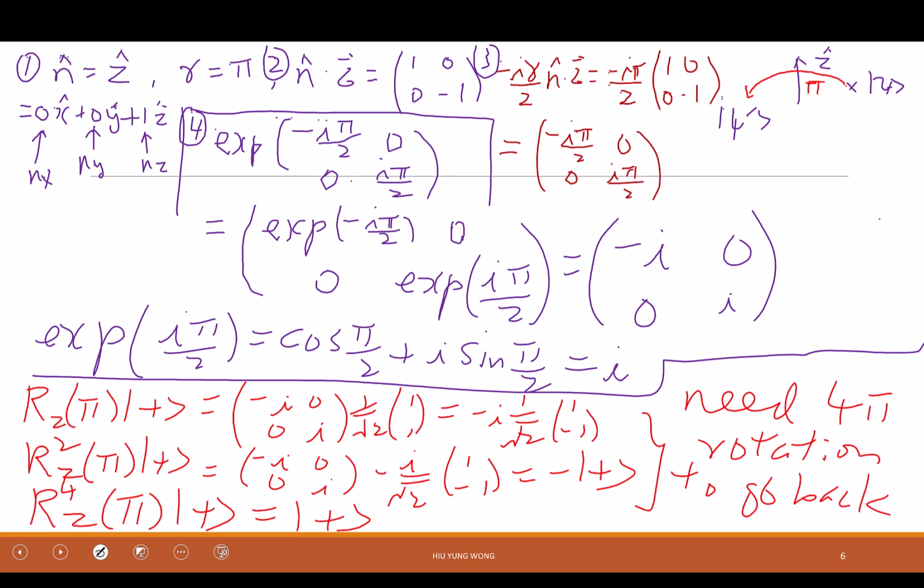So I'm going to rotate one more time. Now pointing to you, 3 pi. And then now it comes back pointing to me, 4 pi. So after 4 pi, the whole system goes back to the original state. So again, 2 pi, and then 4 pi.